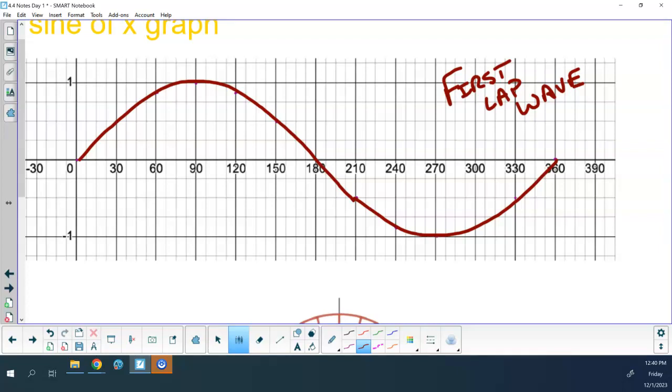What if we graph 2 laps on a wave? The pattern would repeat. It would keep waving through like that. So really, the actual function goes on and on and on forever to the right, and it goes on and on and on forever to the left.